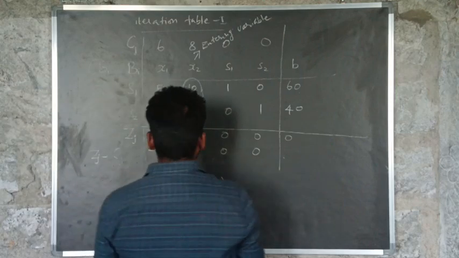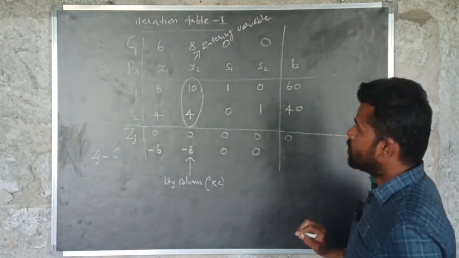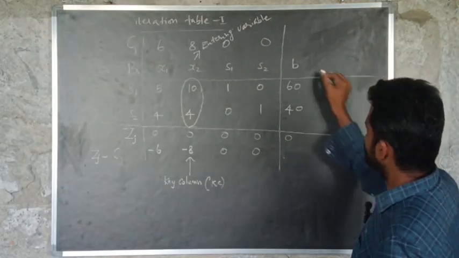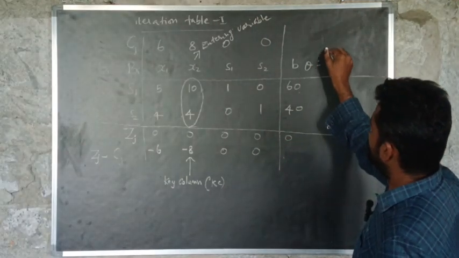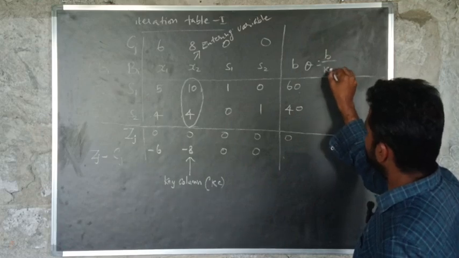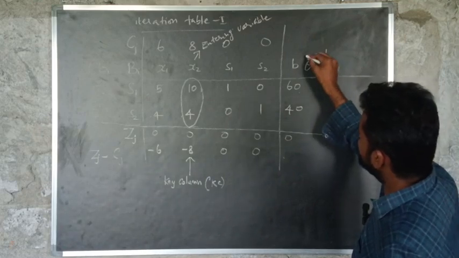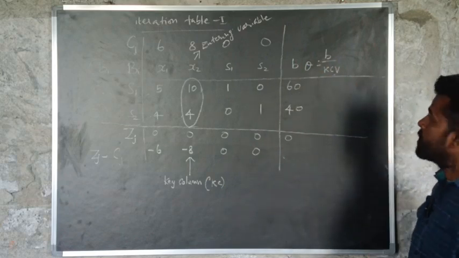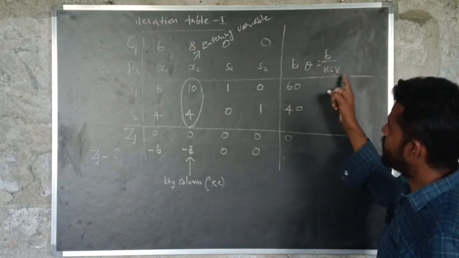Once we identify the key column, to find the key row, first I am going to find the ratio theta is equal to B by KCV. B is the quantity, and KCV means key column values.